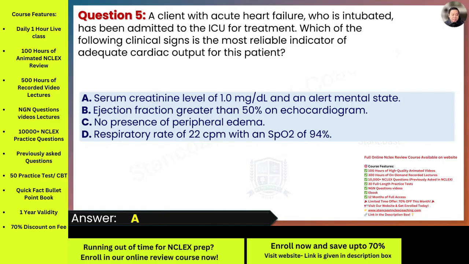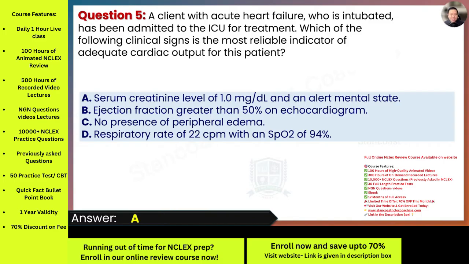Now, what about letter B, ejection fraction greater than 50% on echocardiogram? This is an incorrect option. Even though a normal ejection fraction greater than 50% may indicate normal heart function, it doesn't always correlate with adequate cardiac output. And there is heart failure with preserved ejection fraction, known as HFpEF, which is a classic example.